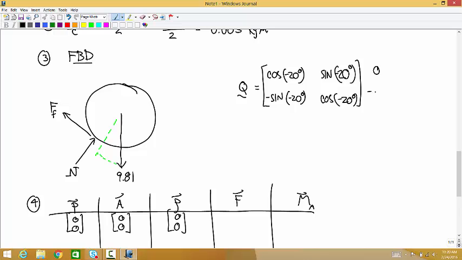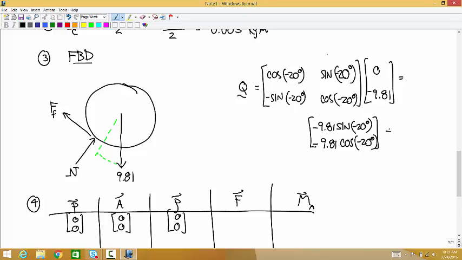Times 0, negative 9.81, and you get sine of negative 20 times 9.81, negative, and negative 9.81 times cosine of negative 20.